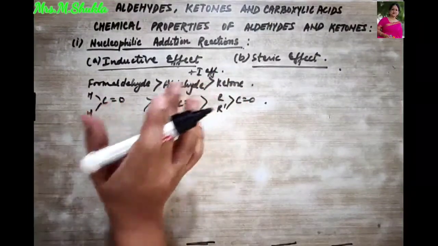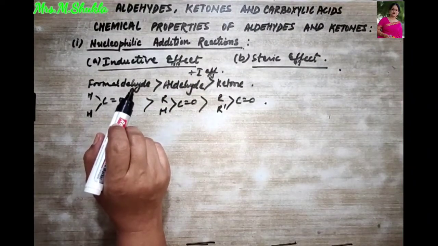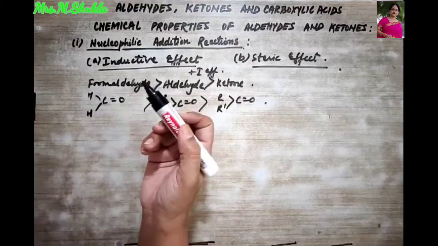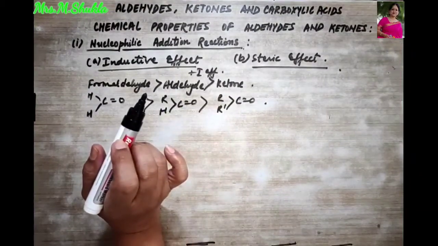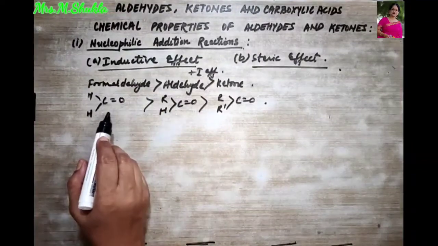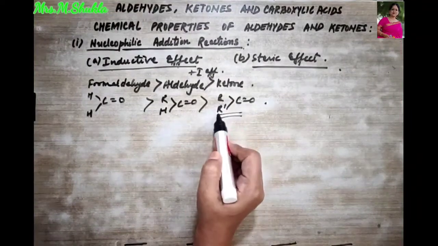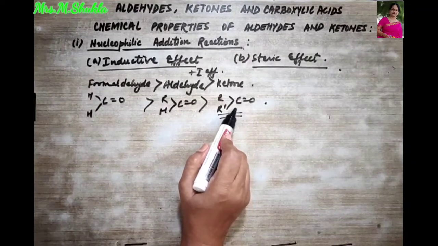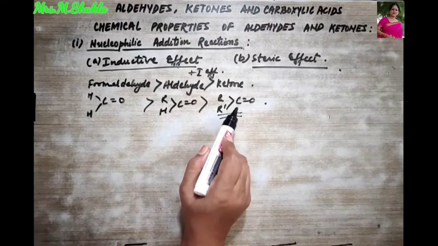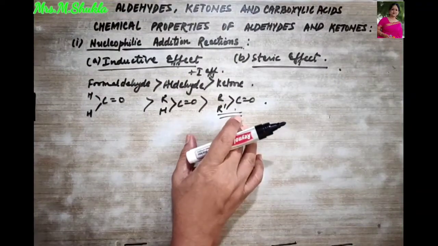Now, greater the number of alkyl groups attached to the carbonyl group, greater is the electron density on the carbonyl. Thus, this is going to lower the attack of the nucleophile. And hence you can see greater are the alkyl groups over here, the attack of the nucleophile will decrease the reactivity of this ketone. I hope this point is clear.